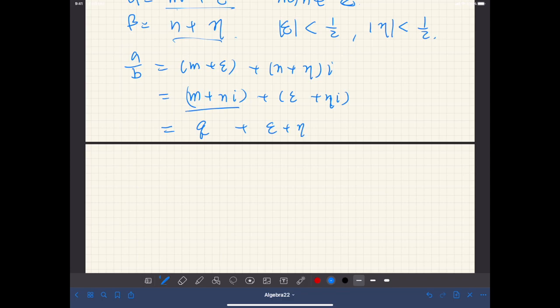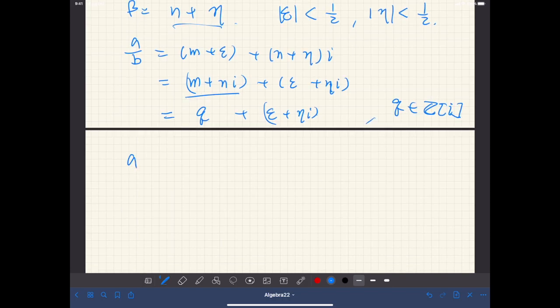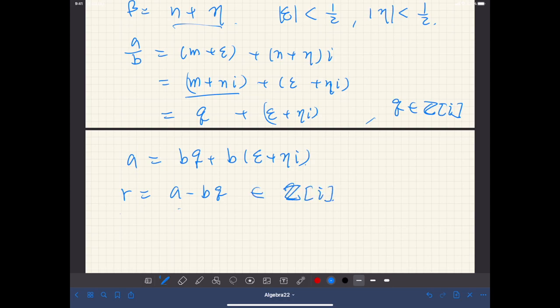And Q is, of course, a Gaussian integer. So we have A is equal to BQ plus B times epsilon plus eta i. So let us define R as A minus BQ. From this expression, it is clear that R is a Gaussian integer, because A, B, Q are all Gaussian integers.